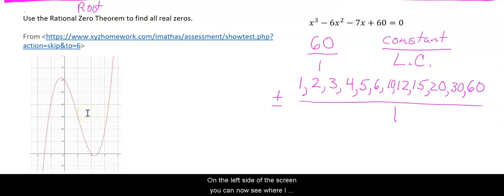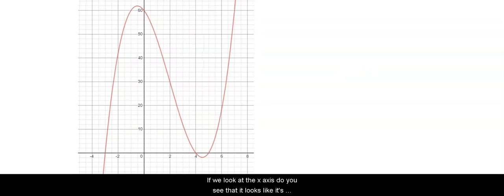On the left side of the screen, you can now see where I have pasted in a graph of what this function looks like. I'm going to blow it up a little bit so we can see where it looks like it's crossing, in order to know which ones to check. If we look at the x-axis, do you see that it looks like it's crossing here at 4 and maybe again at 5 and possibly at -3?